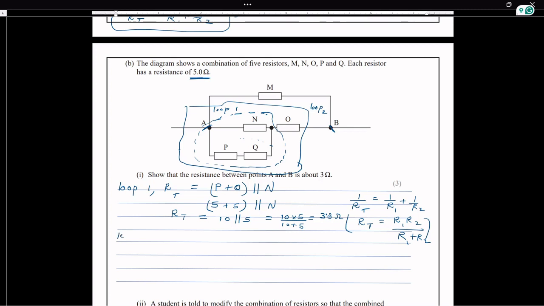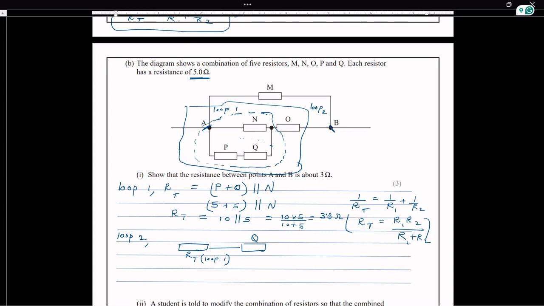Now let us go to loop 2. Loop 2 is this 3.3. Now loop 2 is R total of loop 1, so it will be like this resistor, which is R total of loop 1, plus we have the other resistor Q. This is the way.